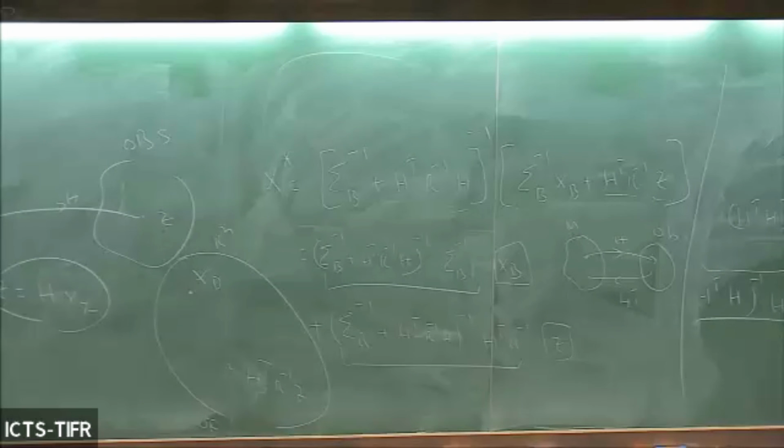3D VAR was done in the 80s within the meteorological community, but Kalman filter came in 1960 within electrical engineering. I want to tell you, I was a student at the Indian Institute of Science. In 1971, Kalman came to the institute and gave a lecture. I had the good fortune of listening to the Kalman filter from Kalman himself. Oh, he's a fantastic lecturer. You have to see the way he works on the blackboard.